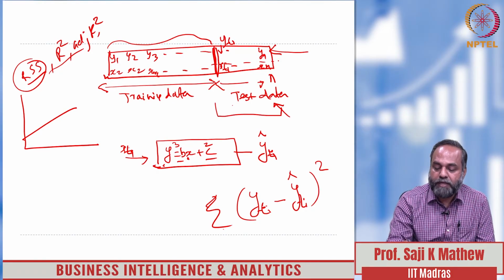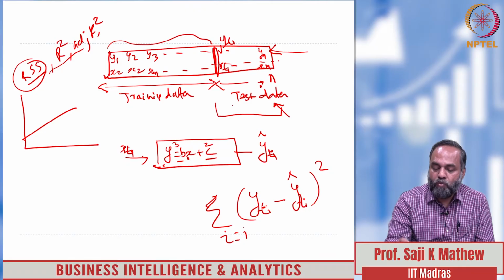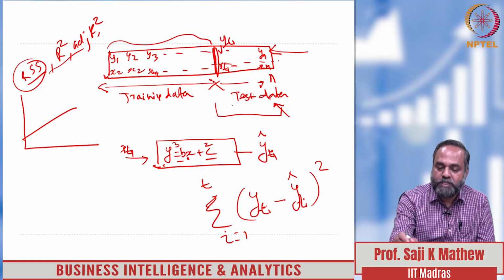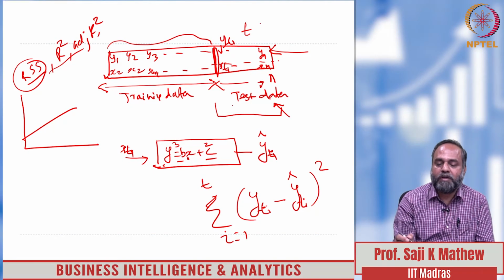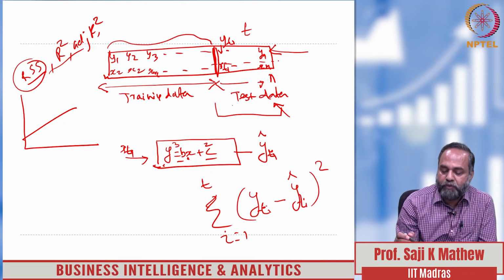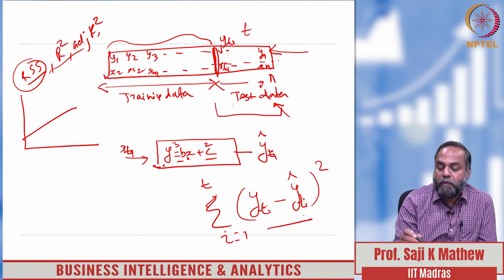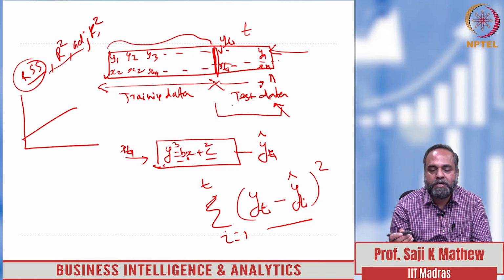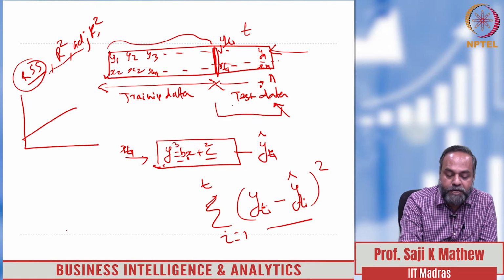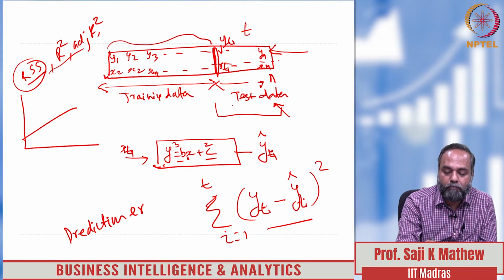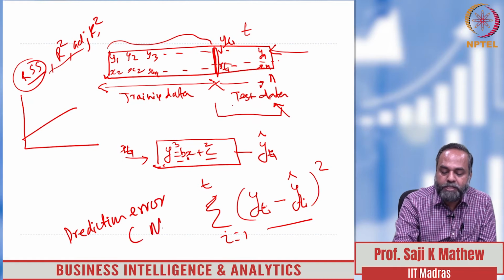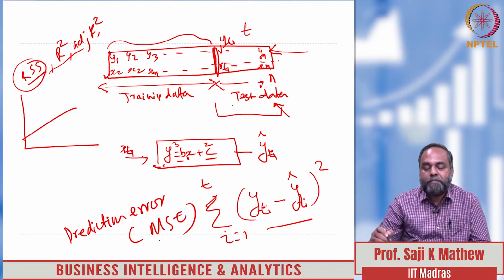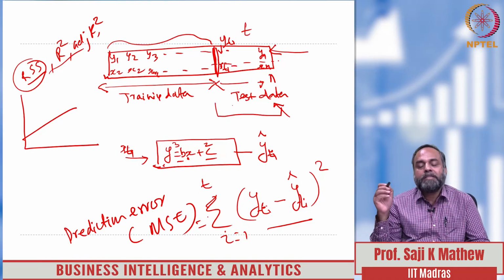That is, i equals 1 to T, suppose the size of the test data is T. Now this particular error, the sum of squares of the error, is the prediction error, or mean square error.